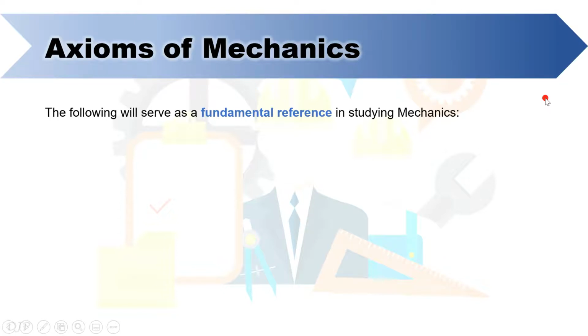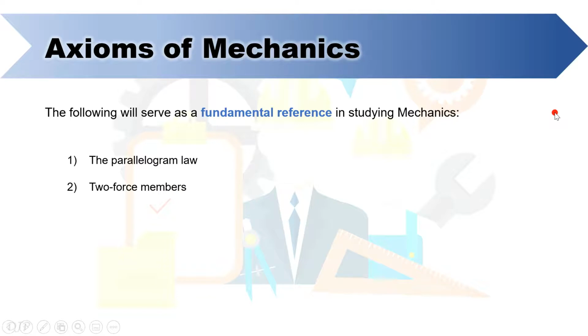Although they cannot be proven mathematically, they can be demonstrated to be true. These axioms will serve as a fundamental reference in studying mechanics and can later on, in our advanced topics, enable you to analyze equilibrium more quickly. First is the parallelogram law, which we will focus on later in this lecture.